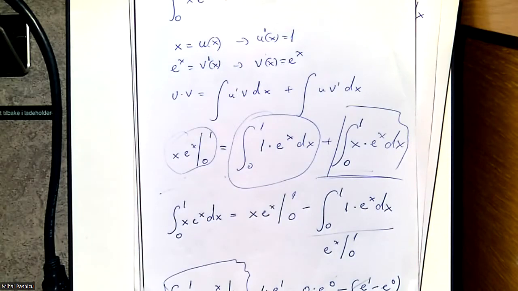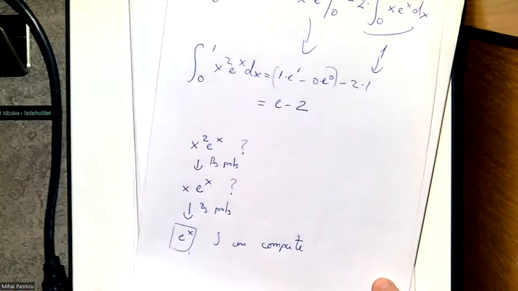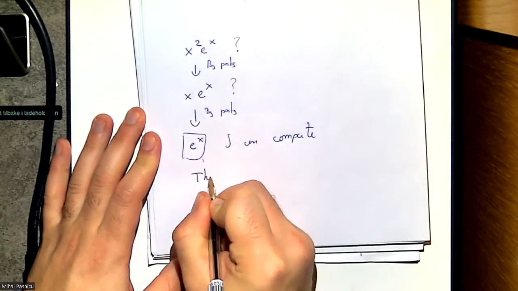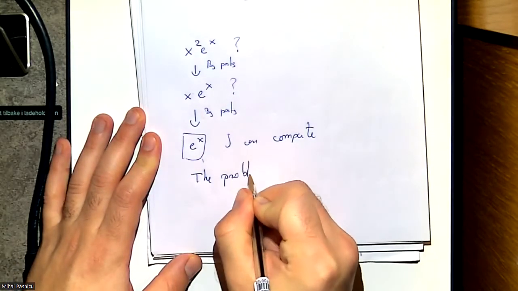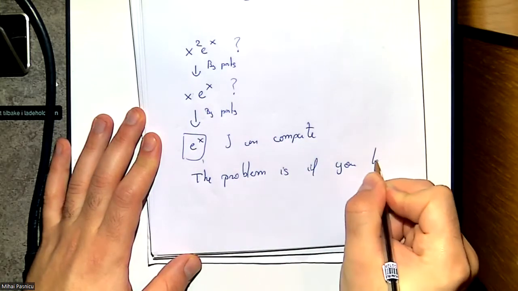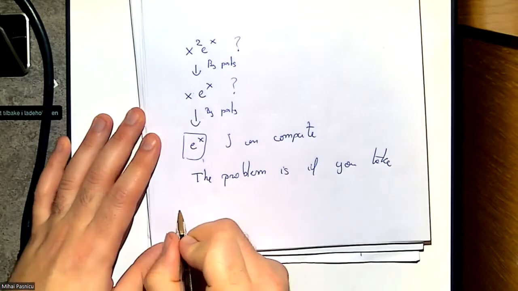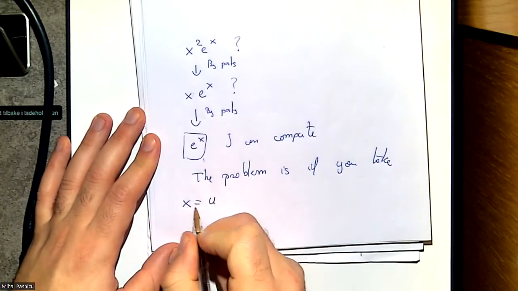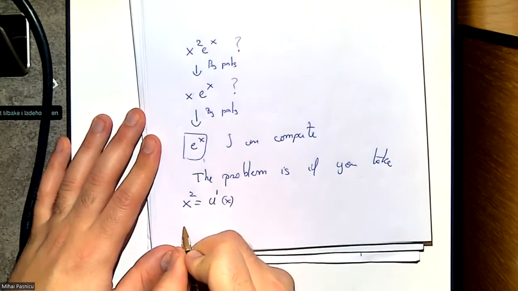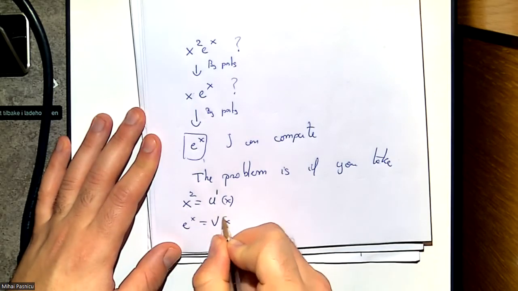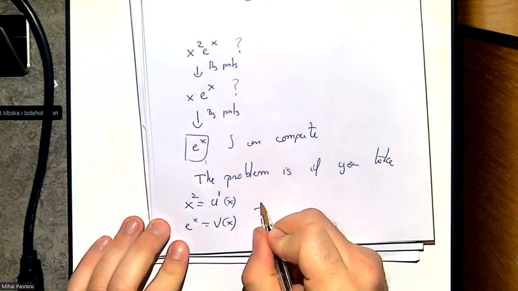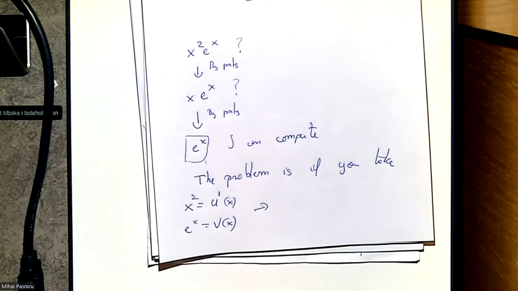The problem is, if you take the other choice here, let me write it up. The problem is, if you take the other way around, which is x squared equal to u prime of x, and then e to the x equal to v of x, the problem with this is that your powers will grow.